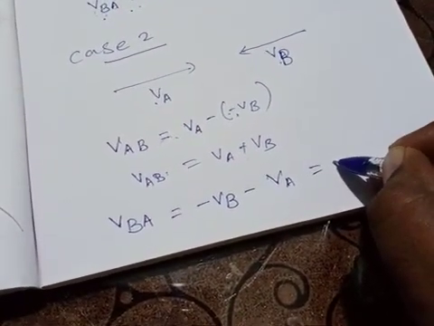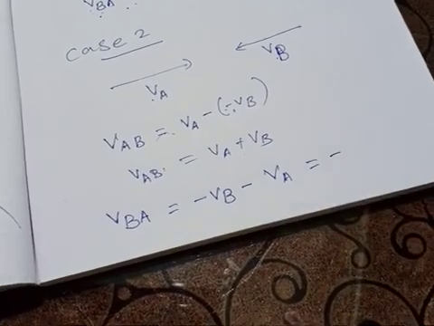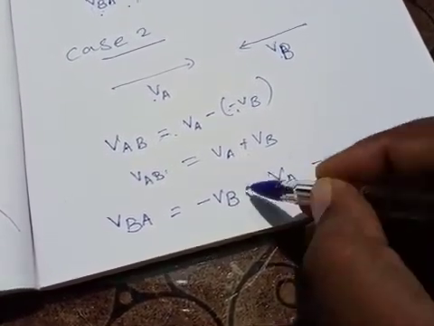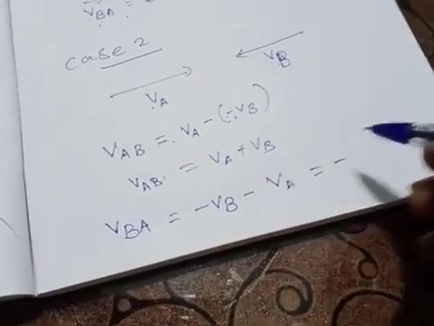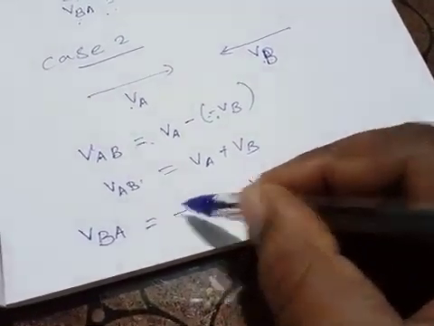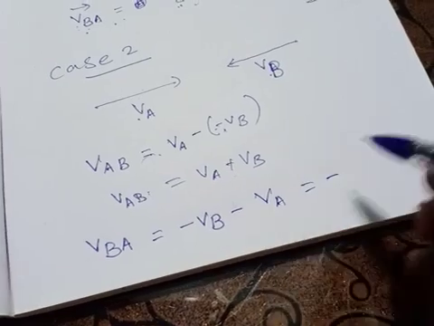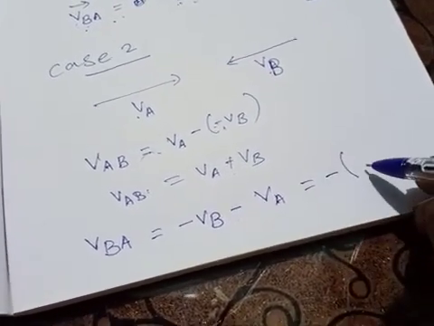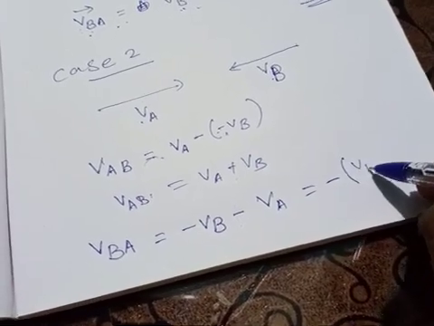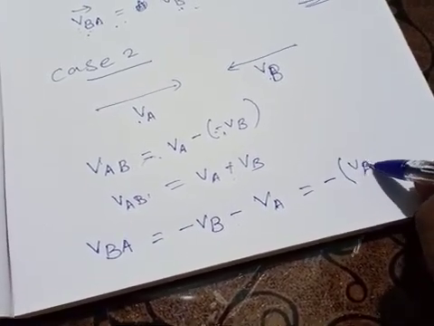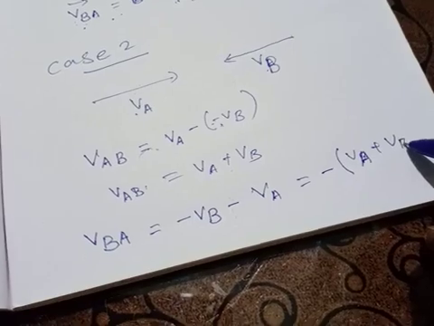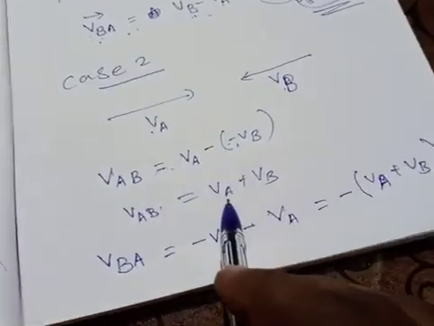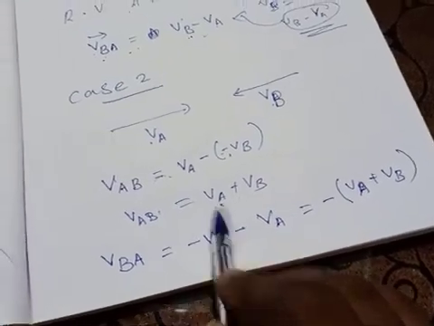If you are taking the minus outside, here plus will come, isn't it? So minus taken outside, VB plus VA. You can write VA plus VB, isn't it? Here plus will come.